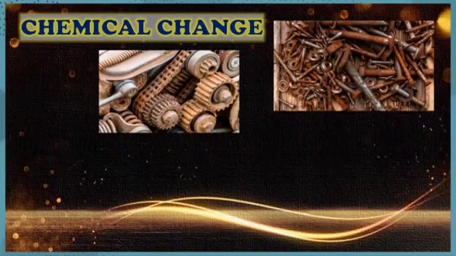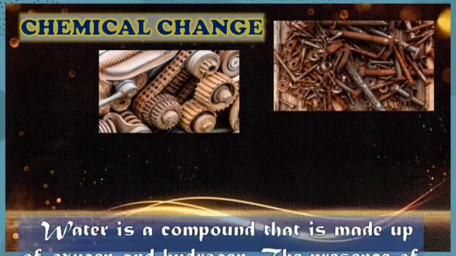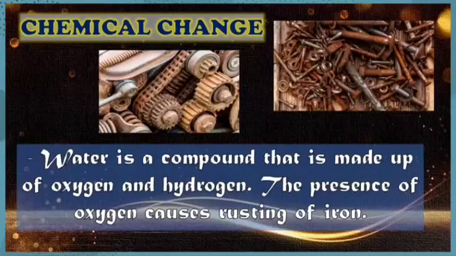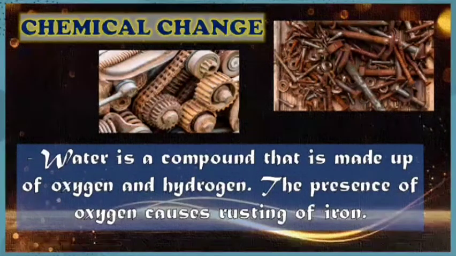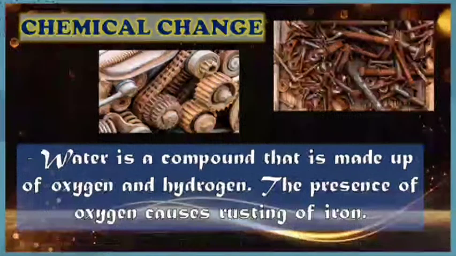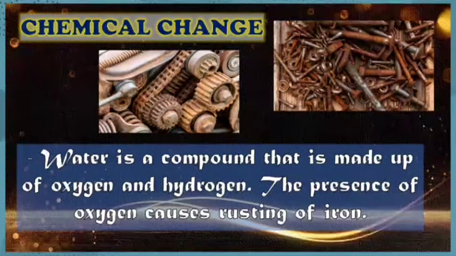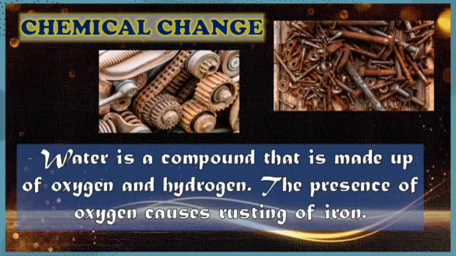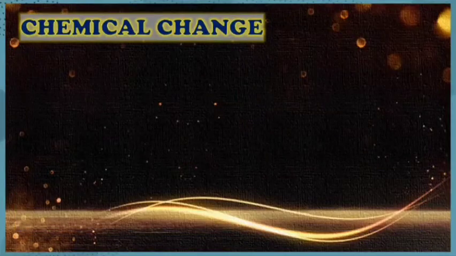Next, water is a compound made up of oxygen and hydrogen. The presence of oxygen causes rusting of iron. So when oxygen and hydrogen come together there is a reaction, that is why metals rust.